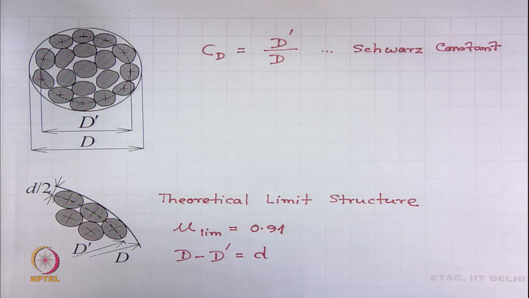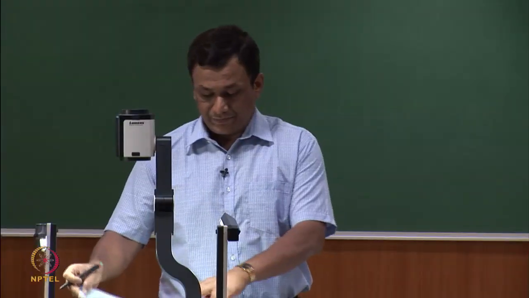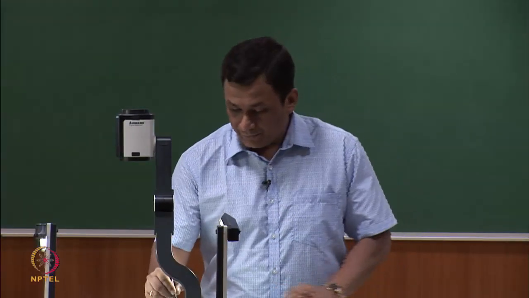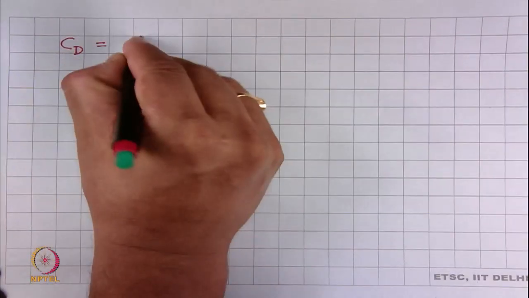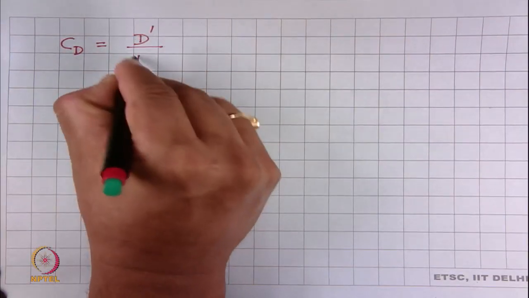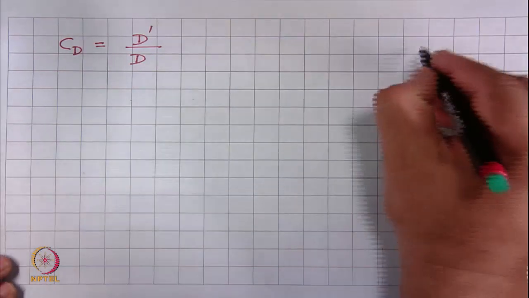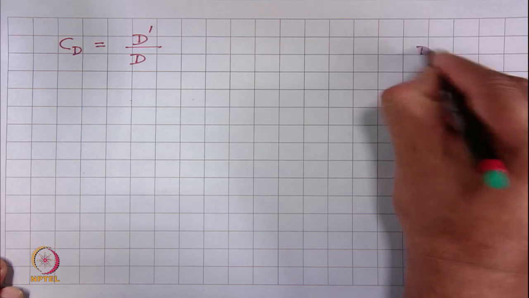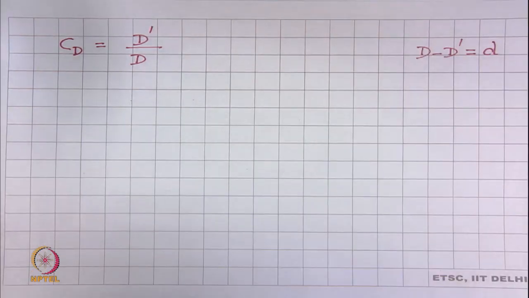Then how can we find out now C subscript d? C subscript d is D prime by D, and we know that for theoretical limit structure, D minus D prime is small d.